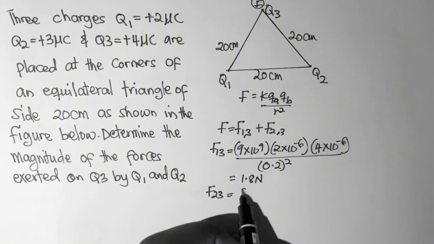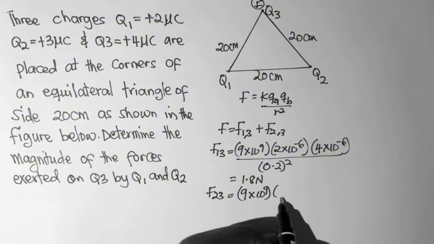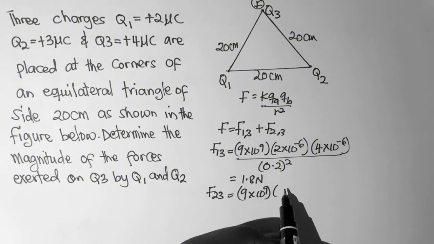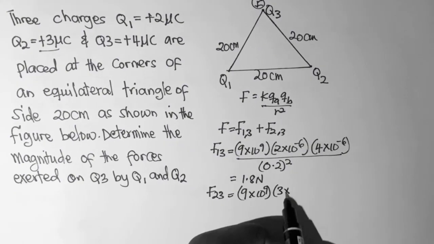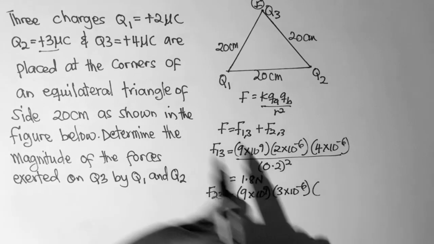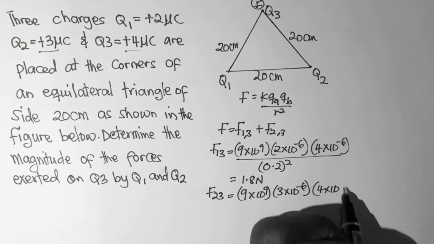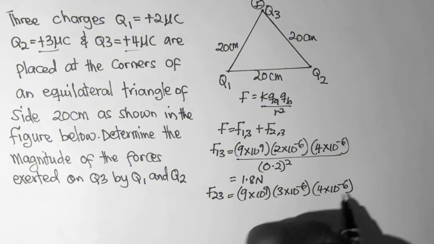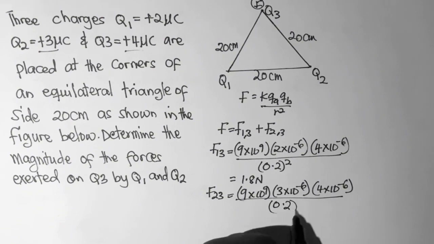So let's look at the case of F23. That's equal to the same constant, 9 times 10 exponent 9, times the second charge, Q2, which is 3 microcoulombs, so 3 times 10 exponent minus 6, then times the third charge, Q3, which is 4 microcoulombs, 4 times 10 exponent minus 6, divided by the square of the distance between them, 0.2 squared.